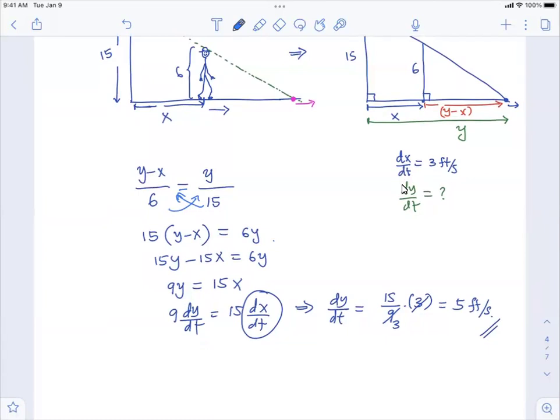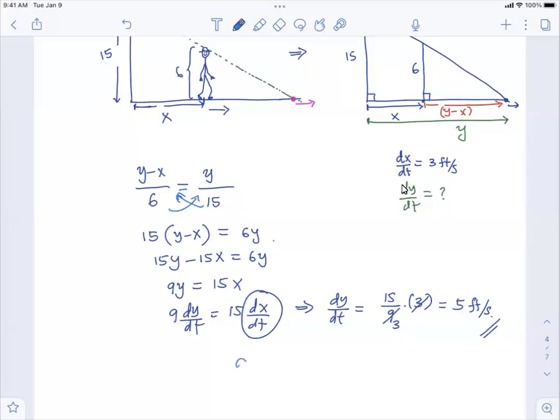And once you have it, now at this point, you can take the derivative. If you take the derivative directly, it says dy/dt, with respect to time, the rate of change of quantity y, and then the rate of change of x with respect to time. So once we have these two, now don't forget, our question is concerning dy/dt. So all you need to do is to play with this equation.